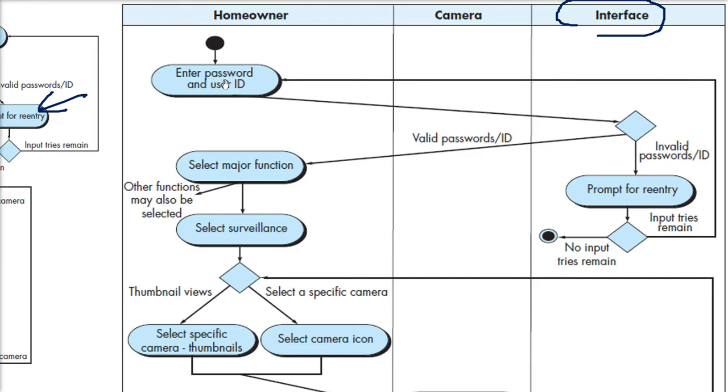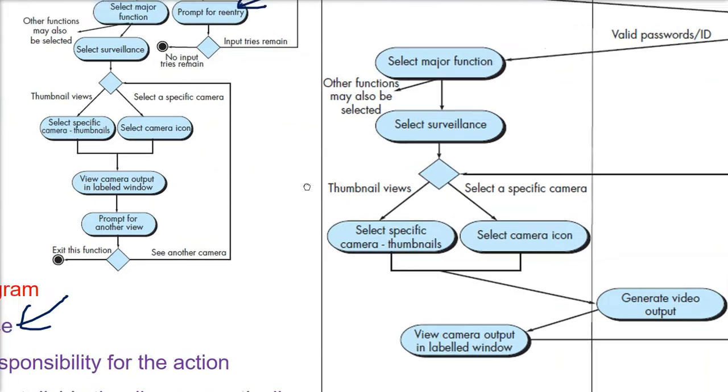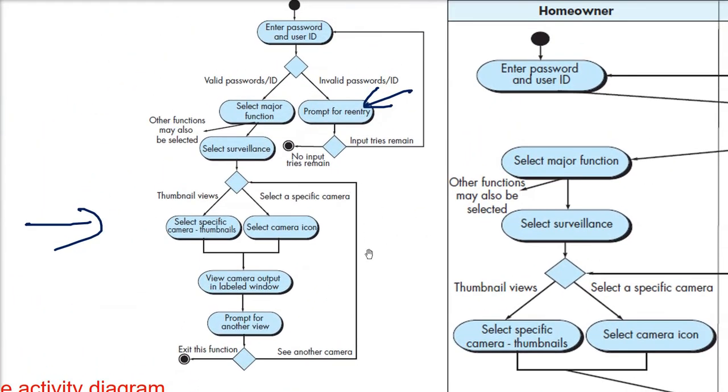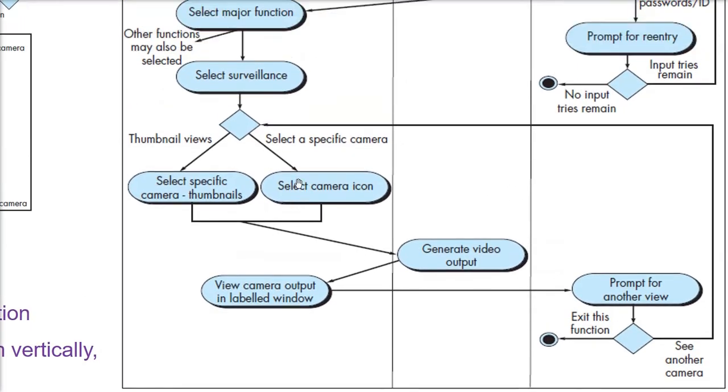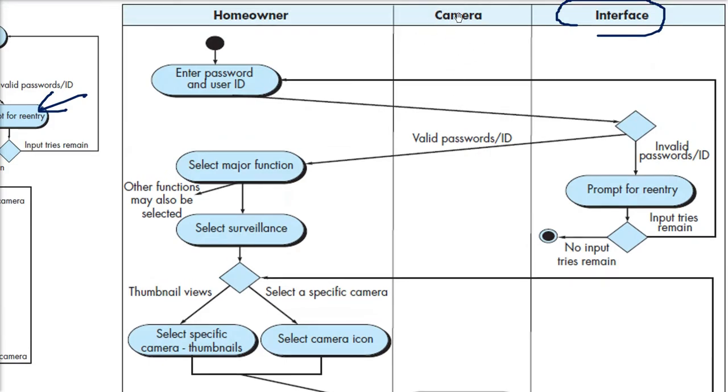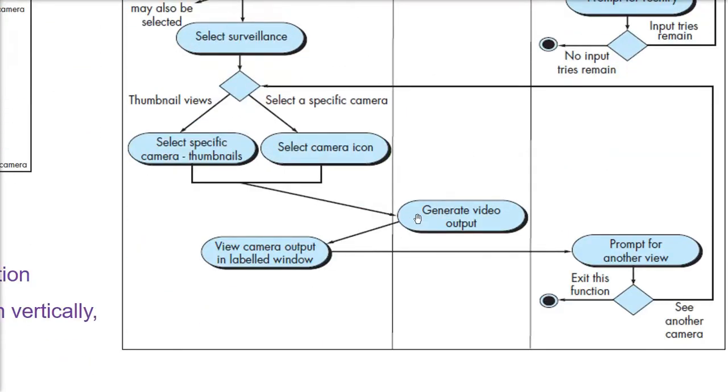So now this is the interface swim lane diagram. There is one more part here, as I was suggesting, the prompt for another view. Now, if the homeowner wants to see thumbnails or a specific camera, there are parallel activities. Generating the output video is the camera activity, so the camera class will take care of generating the output video.